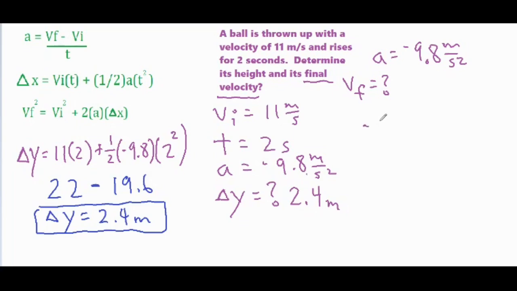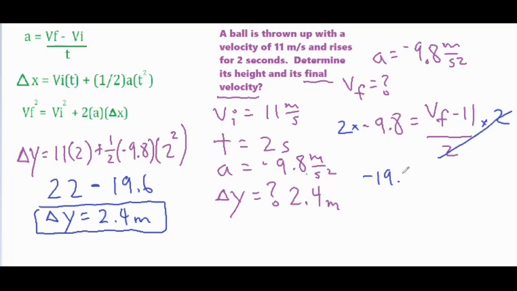So I'm going to go with negative 9.8 equals VF minus 11 over 2. And then if I go ahead and get rid of the 2 first, that would be the most logical step so that we don't have a fraction. And then I have negative 19.6 equals VF minus 11. And then from there, just go ahead and add 11 to both sides.